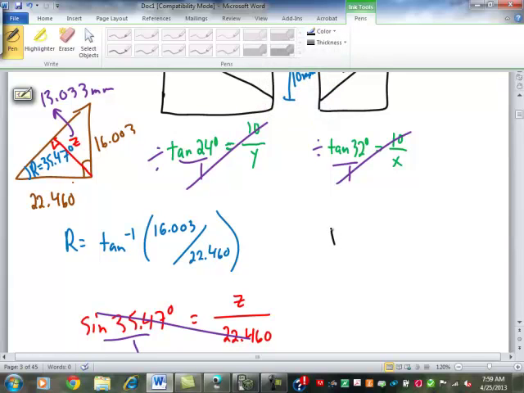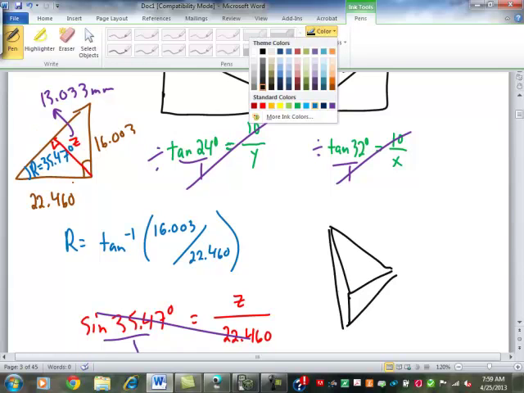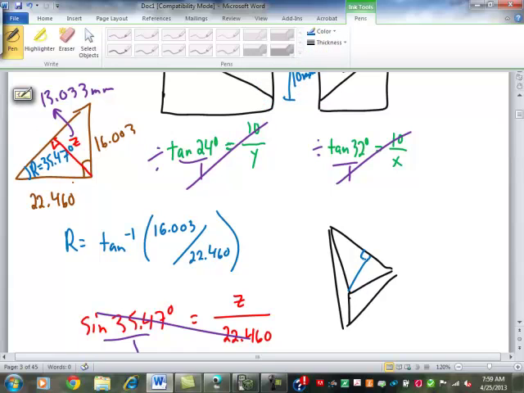So now again, out of this corner here, this that we just found is the 13.033. This here is what we chose to be 10. We're looking for this angle here, which will be the inverse tangent of 10 over 13.033.